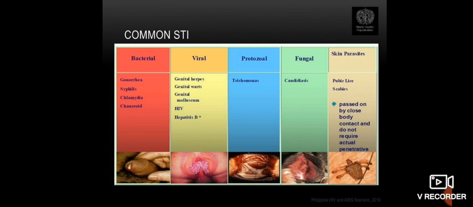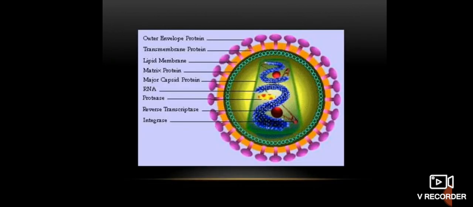Some bacteria are very prone, like syphilis, chlamydia, and the making of chancres; genital herpes in viral, HIV, again hepatitis B; and protozoal disease, trichomonas; fungal candidiasis; and skin. So these are the common STD diseases and disease-causing organisms that can be more prevalent.